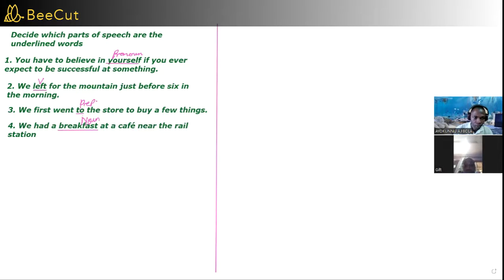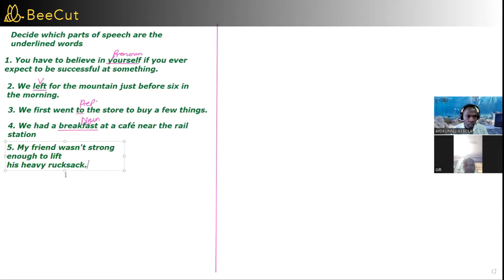Next sentence, look at this. My friend wasn't strong enough to lift his heavy rucksack. That's the next one, number 5. My friend wasn't strong enough to lift his heavy rucksack.